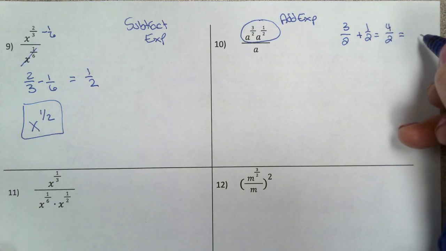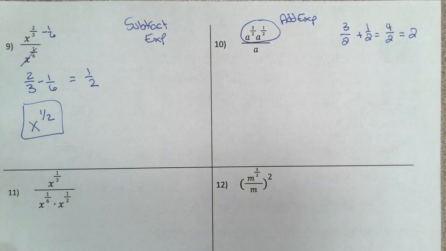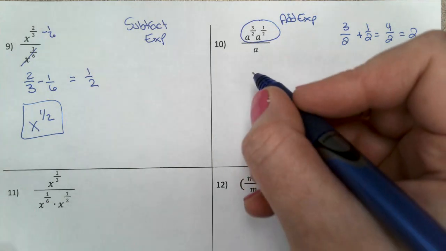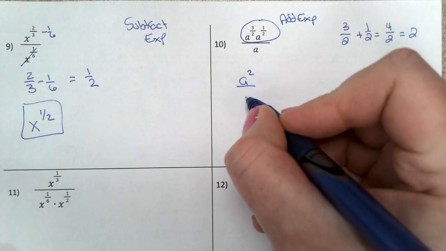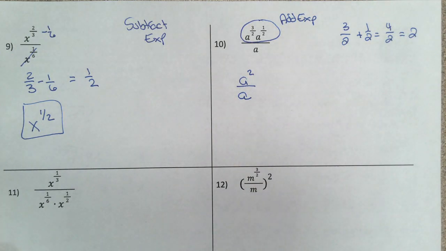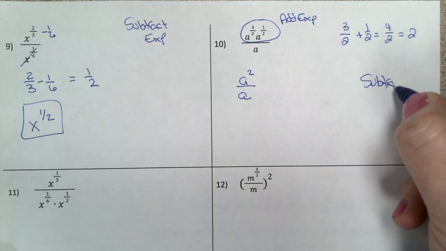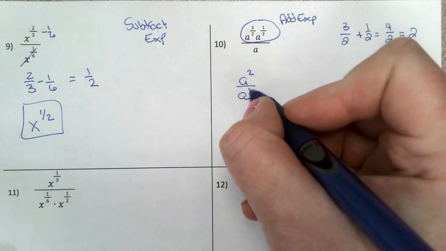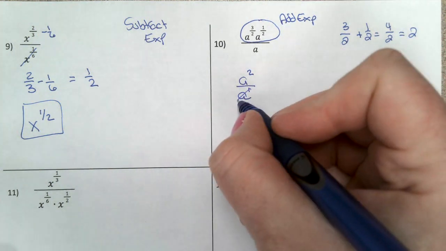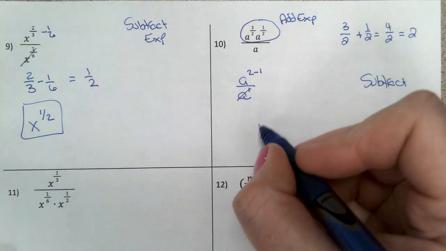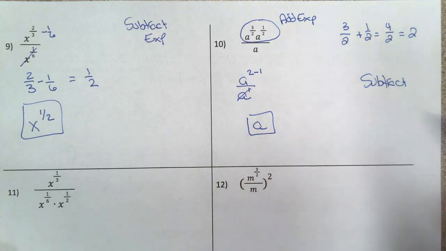I know that that's 4/2, and I know that that reduces to 2. So I would rewrite this as a squared divided by a. So now that they're being divided, now you're going to subtract your exponents. There's an implied 1 on that one. So when I go 2 minus 1, I get 1. So that answer is A.